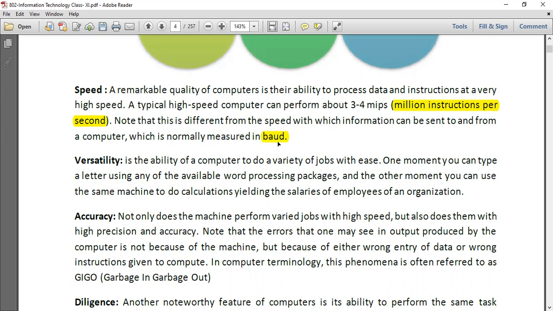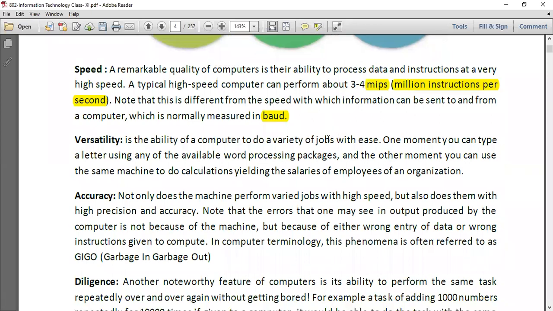And there's one more unit called as baud. Baud is used when we want to find out the difference in speed of transmitting information. information को transmit करने में जो speed है उसका difference निकालना हो तब हम baud use करते हैं. So both are used basically. MIPS and baud, these two are the units for measuring the speed. So computers are very high speed devices.